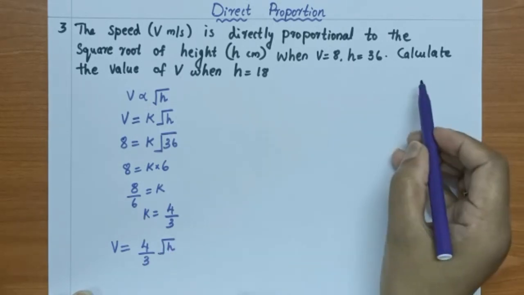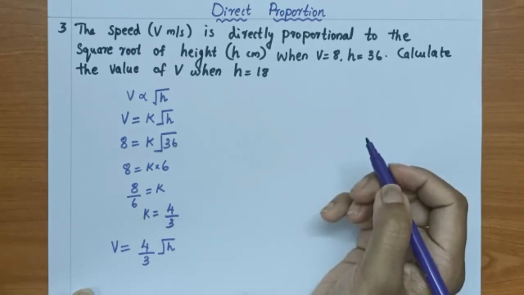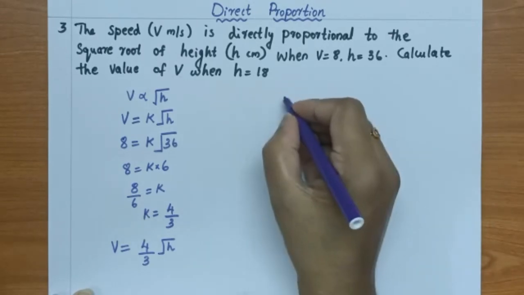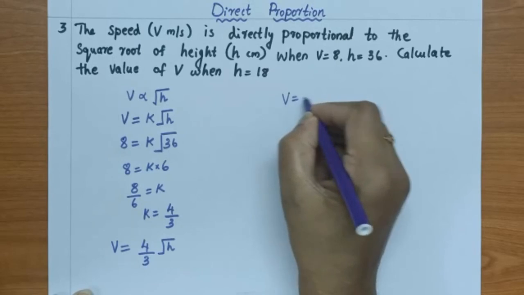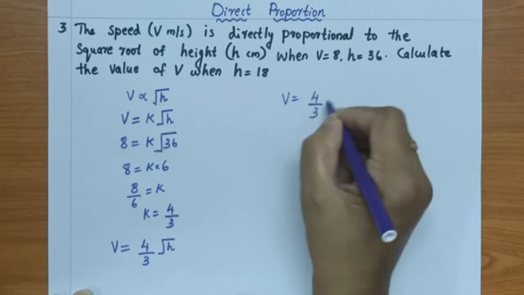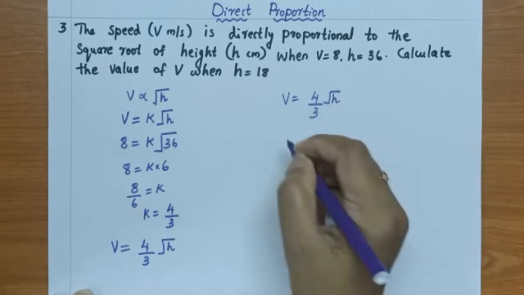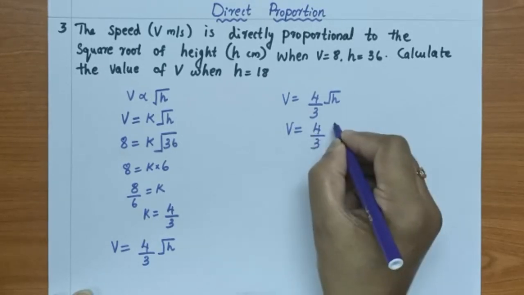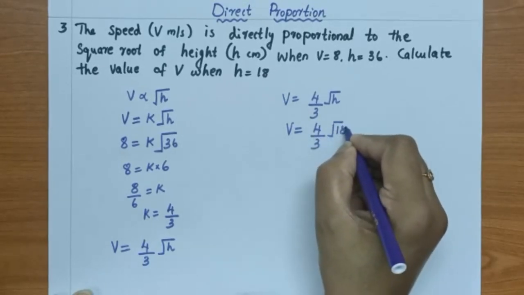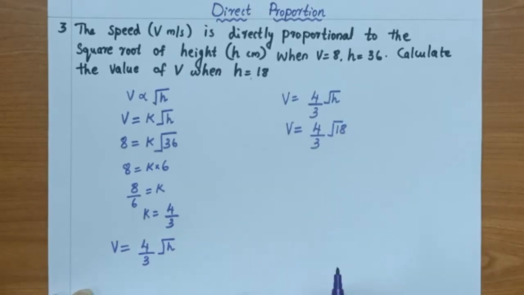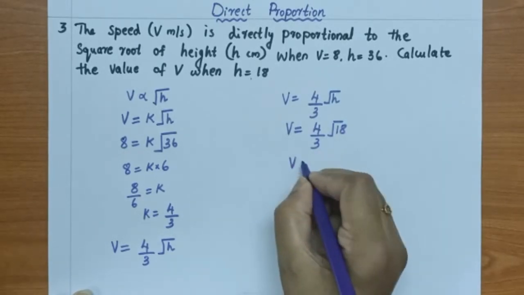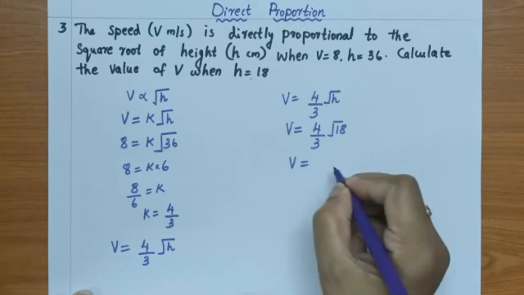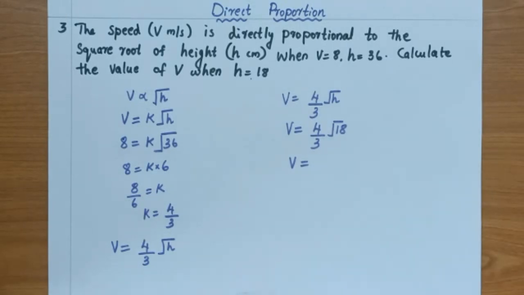Now calculate the value of v when h equal to 18. So v equal to 4 by 3 square root of 18 because the value of h is 18. Now we can find out the value of v, that is 4 into square root of 18 divided by 3.